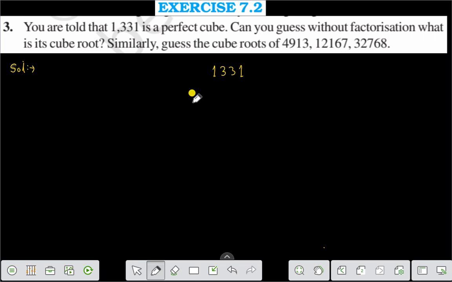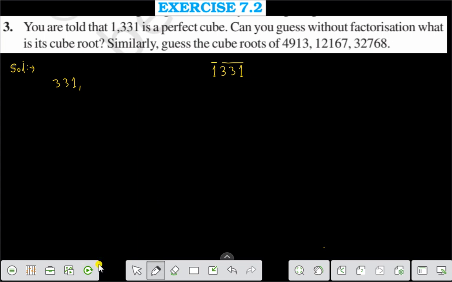Divide this into two groups. In one group it is 331, in the other group it is 1. Right? Now take 331.